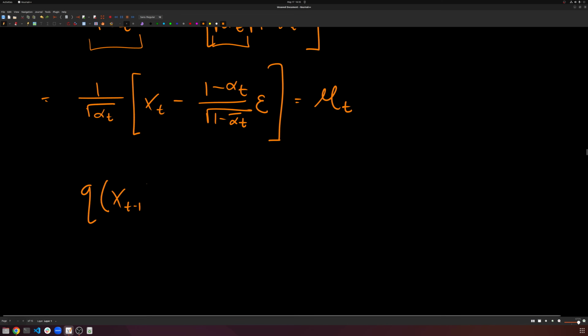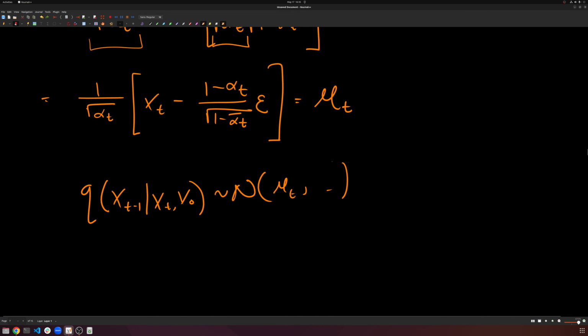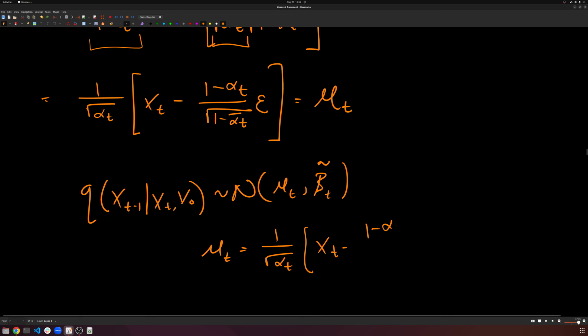And so what we ended up with is our q of x t minus 1 given xt, x0 is a normal distribution with mu t and let's say sigma squared t, or let's use the correct terminology, beta tilde t, where mu t is equal to all this stuff right here, 1 over square root alpha t, xt minus 1 minus alpha t over square root 1 minus alpha hat t epsilon.